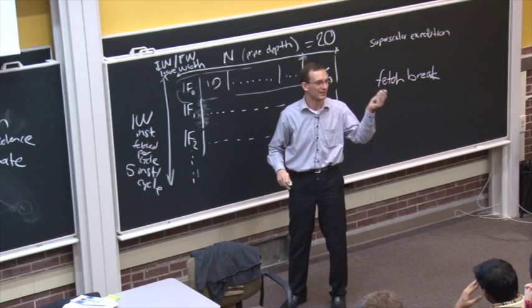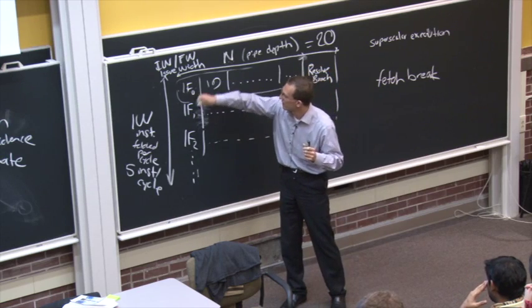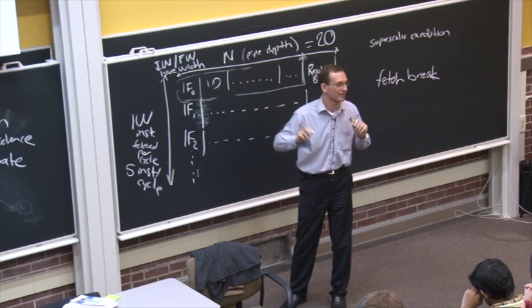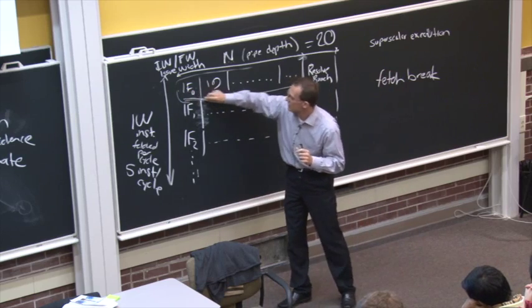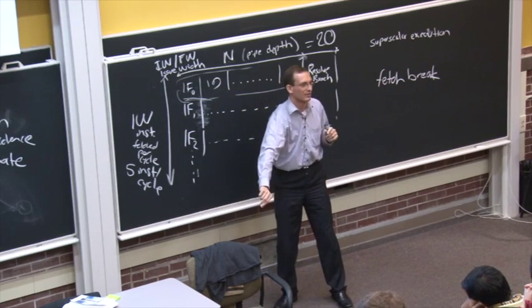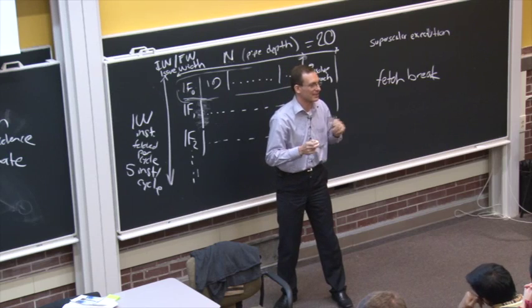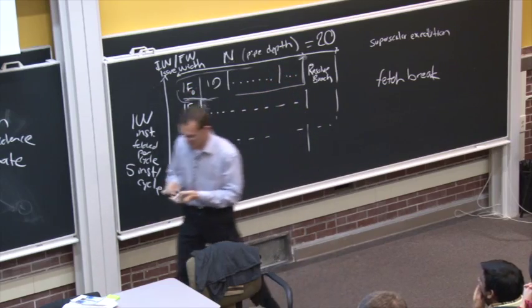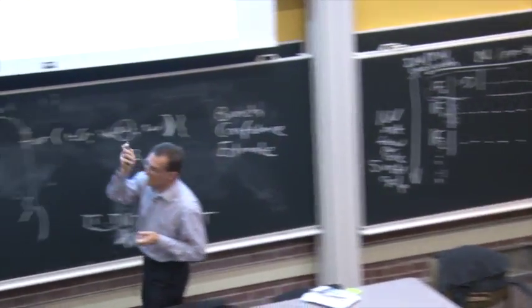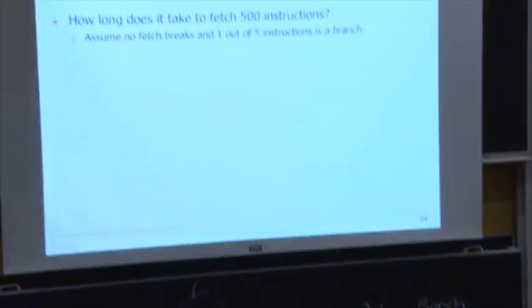You fetch only 1. Why? Because in the middle of the fetch, you get a cache miss, right? We're going to assume that's not the case. Or because your branch is jumping somewhere else, so you need to access the iCache again. We're going to assume that's not the case either. We can always fetch 5 instructions, and the first instruction is a branch.